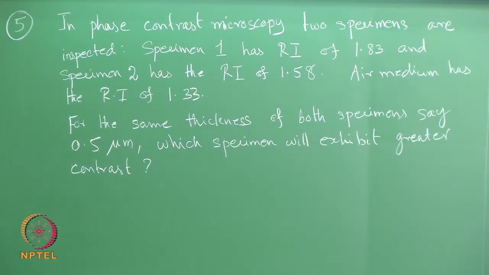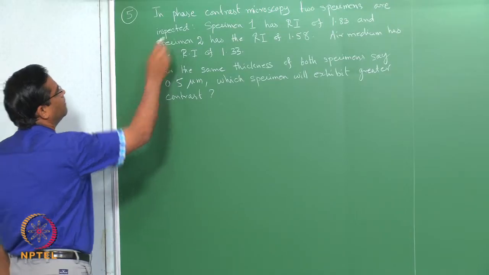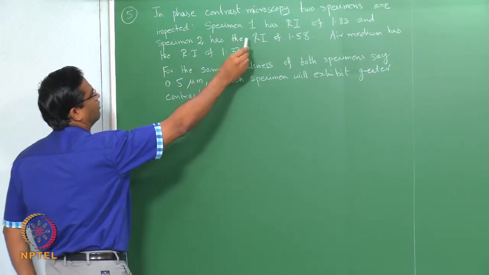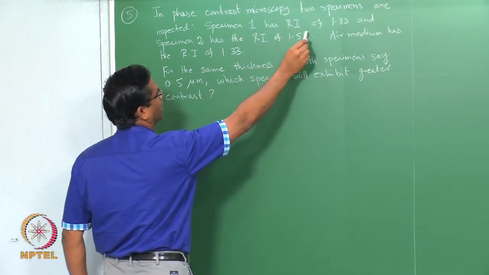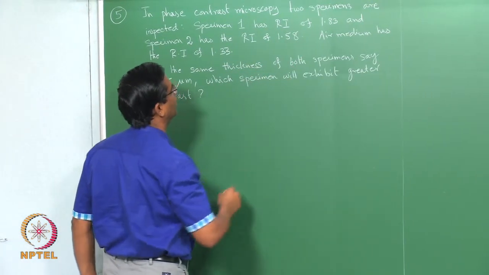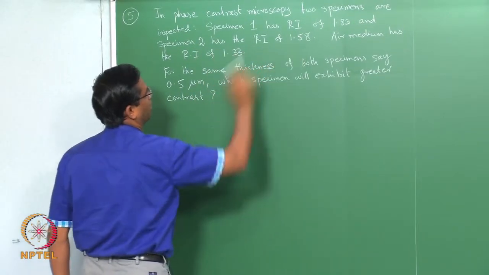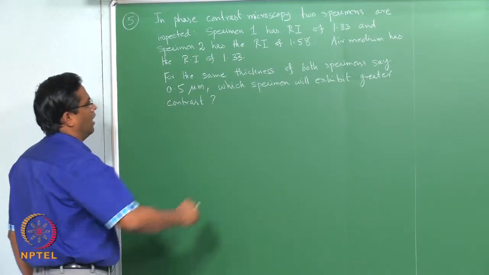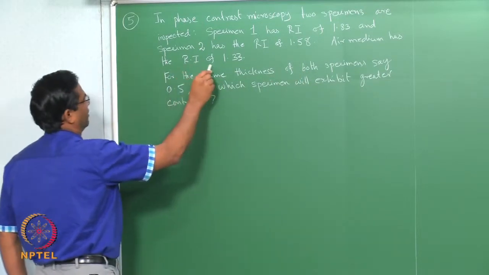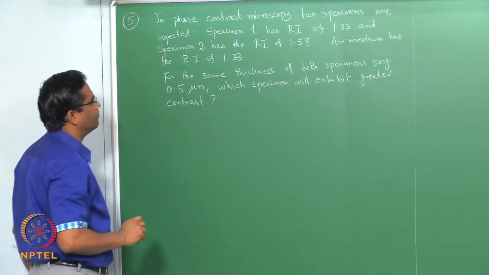So, this problem is involving the phase contrast microscopy principle. In a phase contrast microscopy, two specimens are inspected. Specimen 1 has the refractive index of 1.83 and specimen 2 has the refractive index of 1.58, and the medium has the refractive index of 1.33.